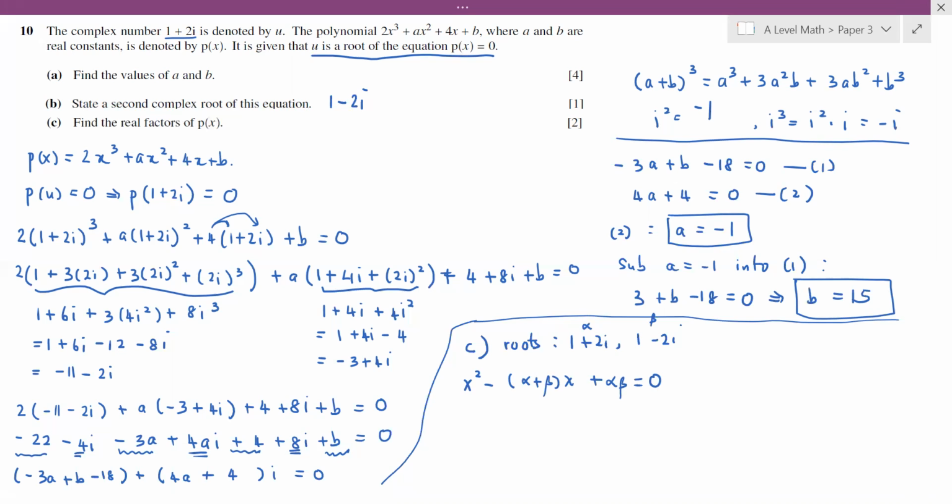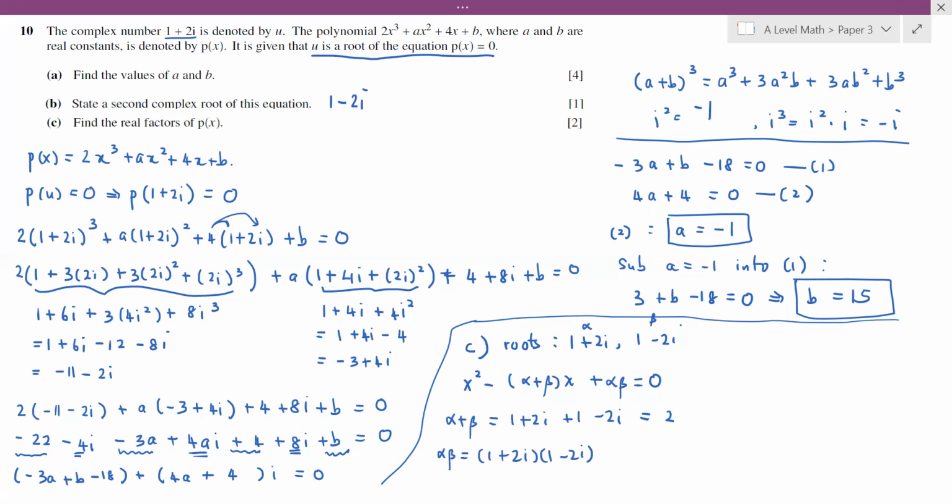Now from these complex roots here, we have 1 plus 2i, 1 minus 2i. Then the sum of roots, alpha plus beta, will be 1 plus 2i plus 1 minus 2i, which is 2. And the product of roots, you have 1 plus 2i times 1 minus 2i.